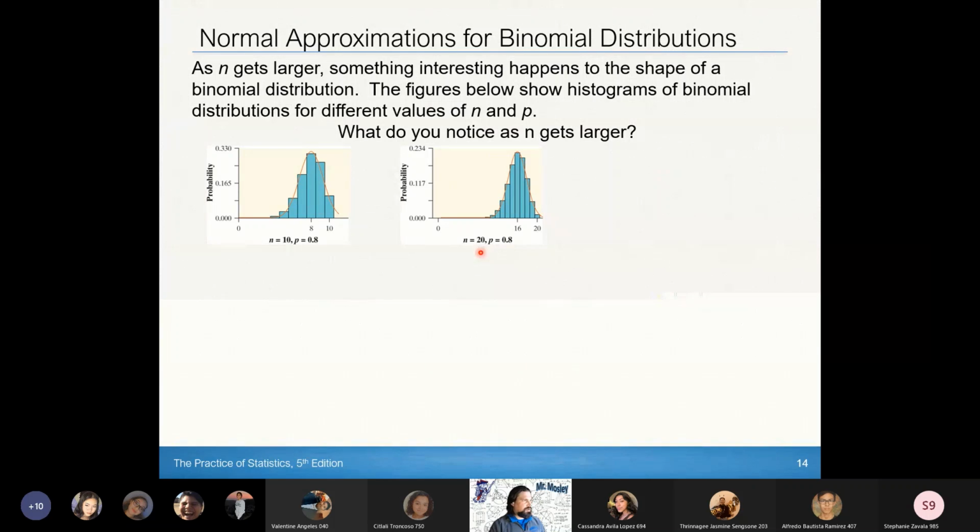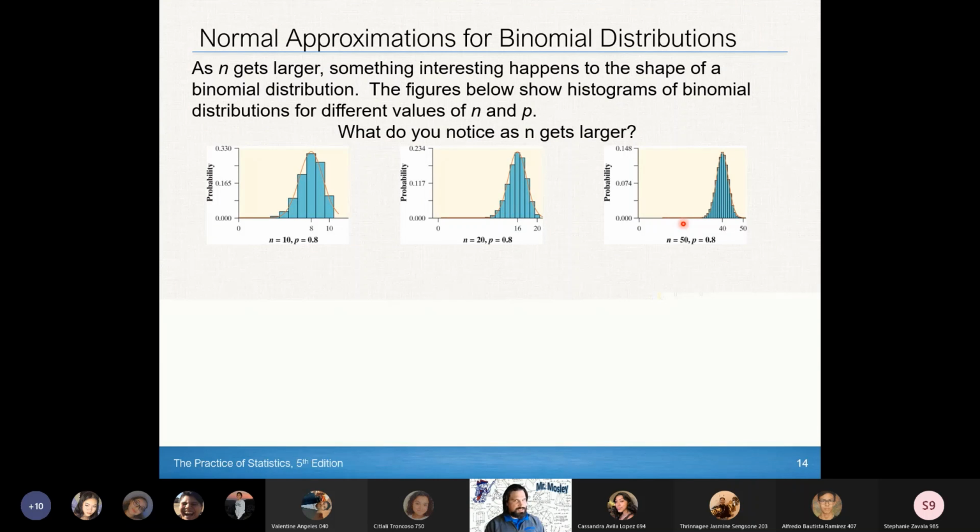Now I've got a larger sample of 20, still the same probability, 0.8. We can see that this is kind of like normalizing almost. We get an even larger n, and this really just looks like a normal curve. Or we can say it's approximately normal. So as n gets larger, the binomial distribution tends to look more normal.